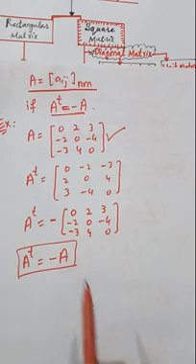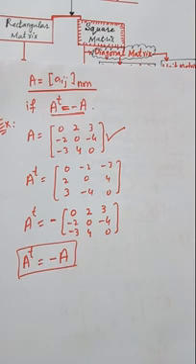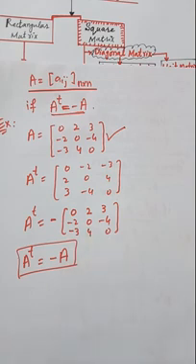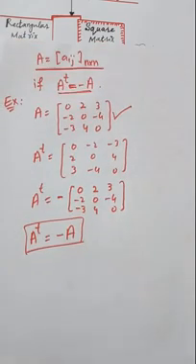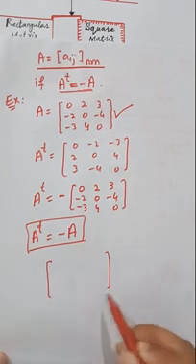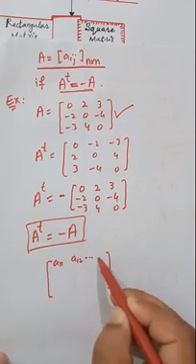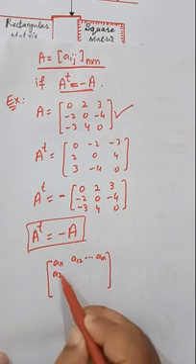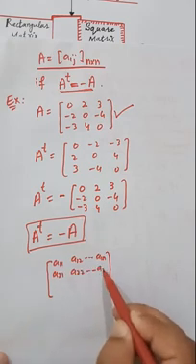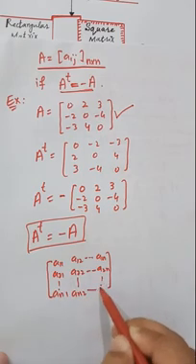Now if you look at the diagonal of a skew symmetric matrix, the principal diagonal contains all elements equal to 0. This is a property of the skew symmetric matrix. How can you verify this property? Consider a square matrix: a11, a12, and so on up to a1n, a21, a22 up to a2n, an1, an2, and so on up to ann.